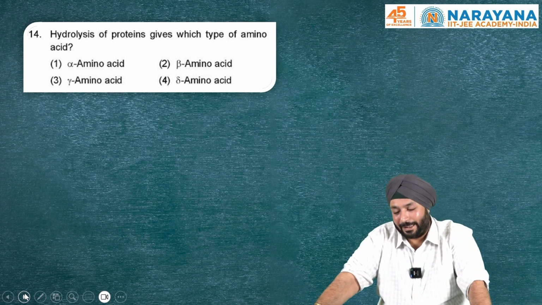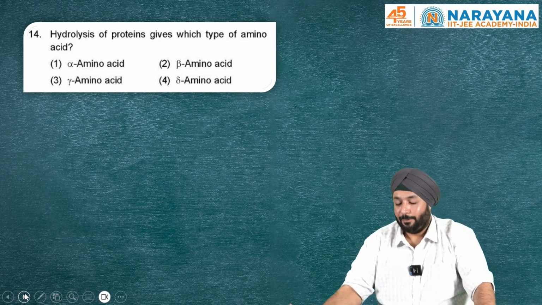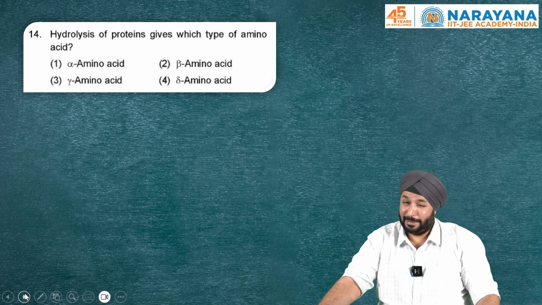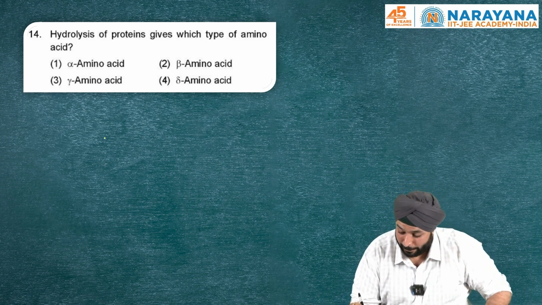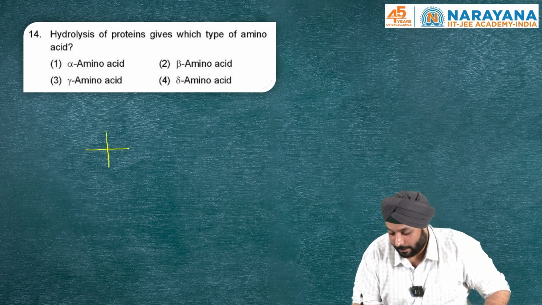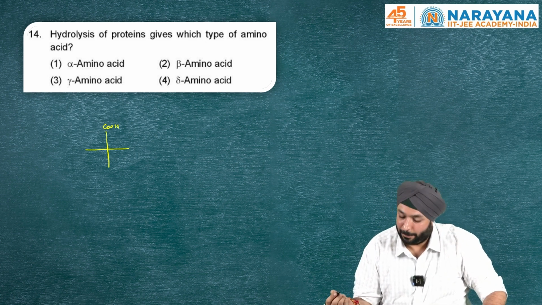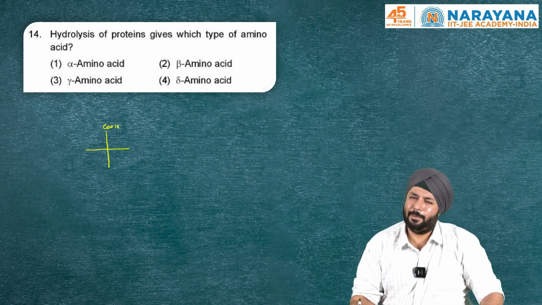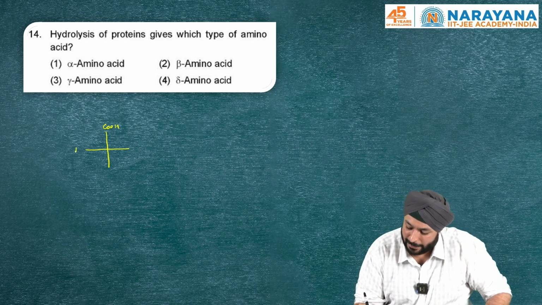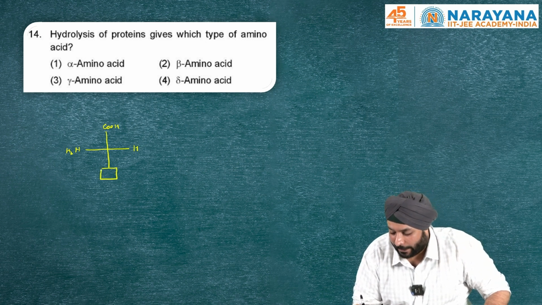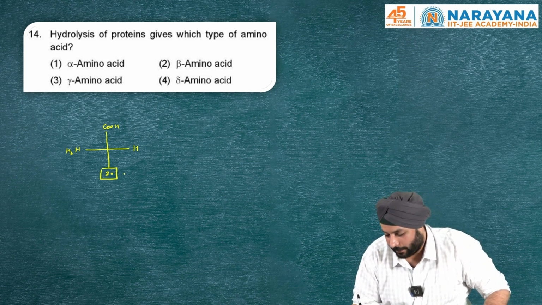Hydrolysis of protein gives which type of amino acids? We know that in our body, all the amino acids are alpha amino acids, right? Whereby you have a COOH group on the alpha carbon, and these are all L amino acids. That is why I'll keep this NH2 on the left hand side. You have one hydrogen, and there are 20 different groups over there.